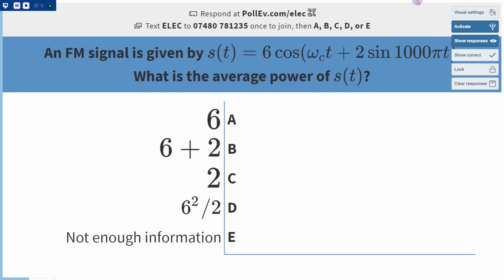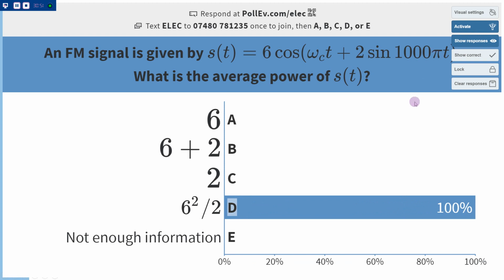Quick question. Consider this here. We have a cosine, omega ct, that's my carrier. Sine 1000, that's my message, or some function of my message, depending on whether we're looking at FM or PM. So for FM, the message is part of the argument for the sine or the cosine.